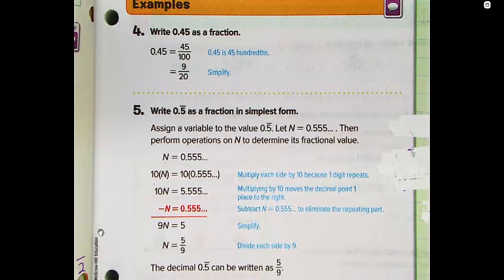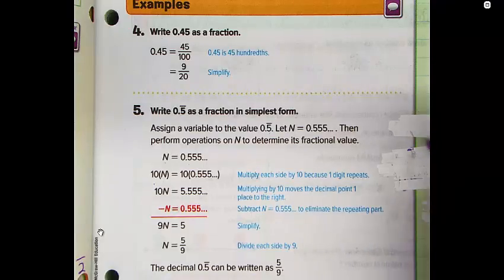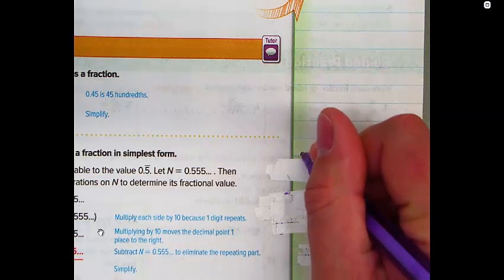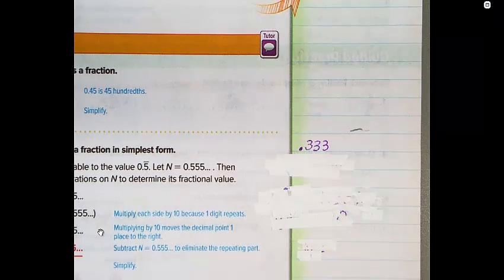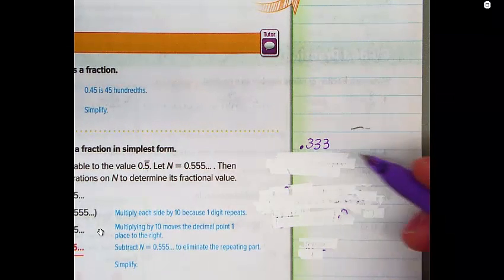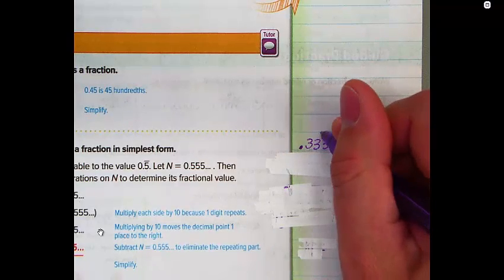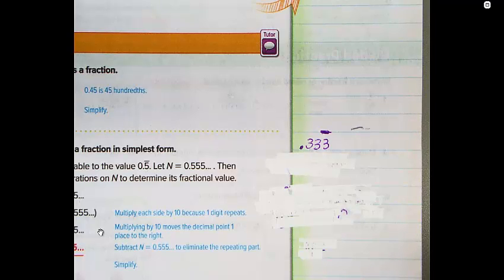So let's use an example. I'm not going to use this one here, but I'm going to create a new number. I'm going to use 0.3. So here I have 0.33, and if it ended there, if I stopped, it would not be repeating, but if I put my repetend over the top, now I have a repeating decimal. So I have 0.333 repeating forever.